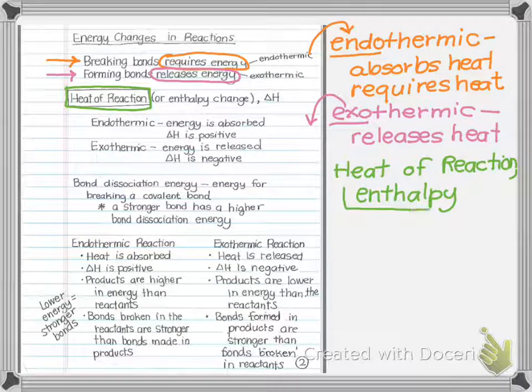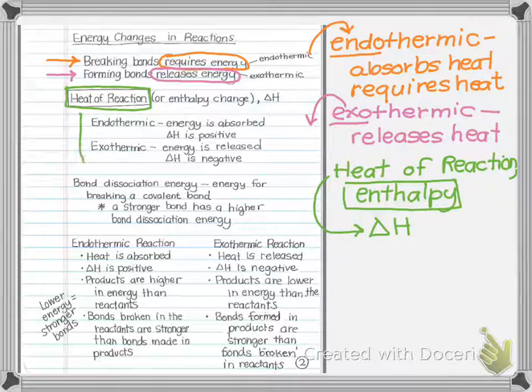If you see this word enthalpy, it's talking about the heat change in the reaction. The symbol is delta, a capital Greek letter, and then H. So delta H is the representation of the heat of reaction.